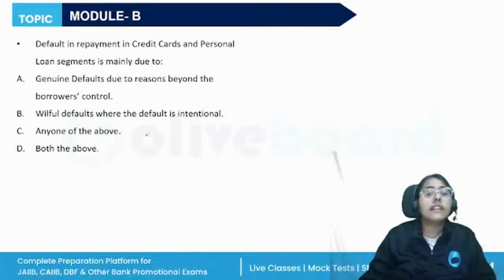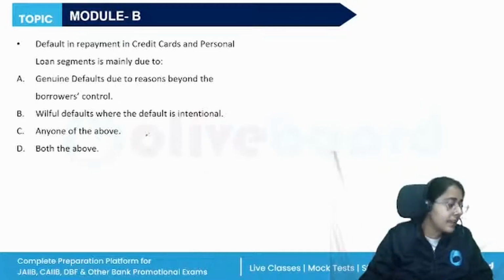Then, default in repayment of credit cards and personal loans is mainly a problem for banks. They face huge amounts of NPAs and defaults on the credit that they create, and it is an issue. But here we are asking which type the default can be. Can it be a genuine default due to reasons beyond the borrower's control?